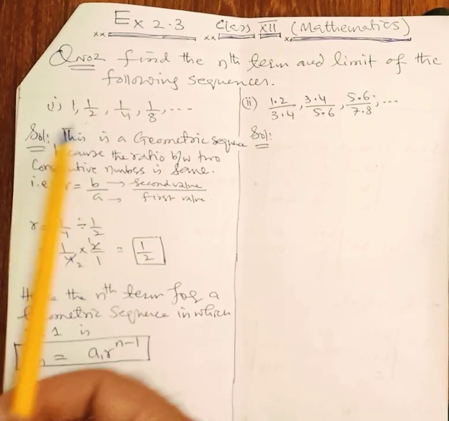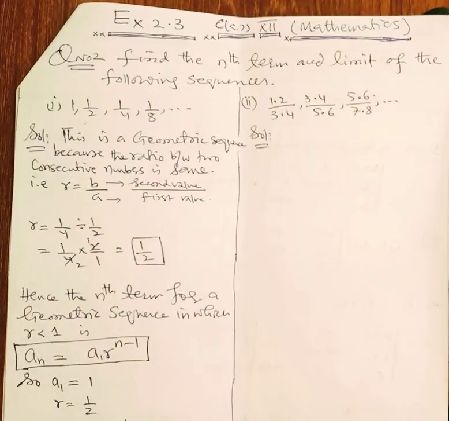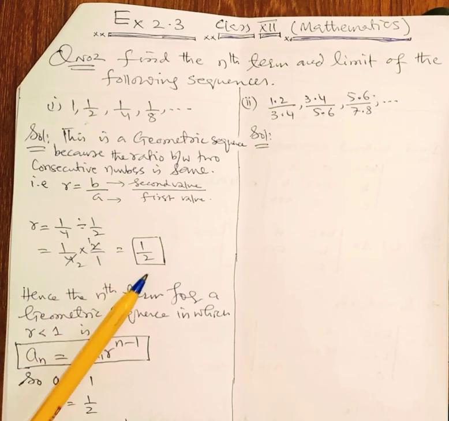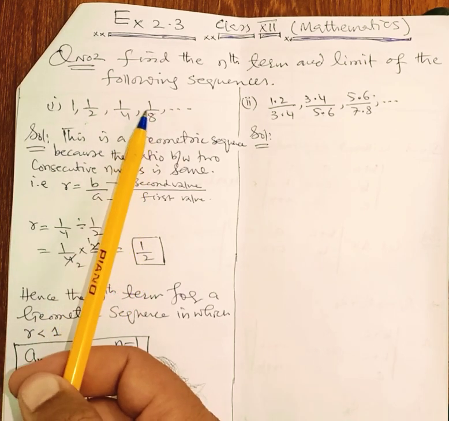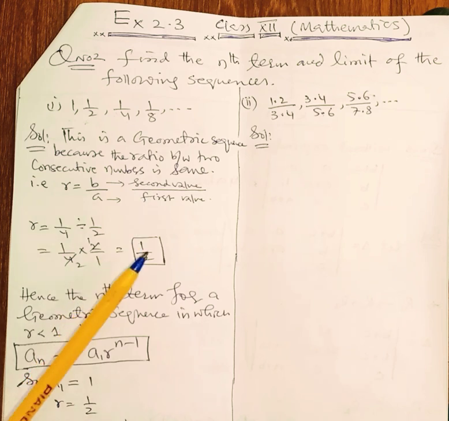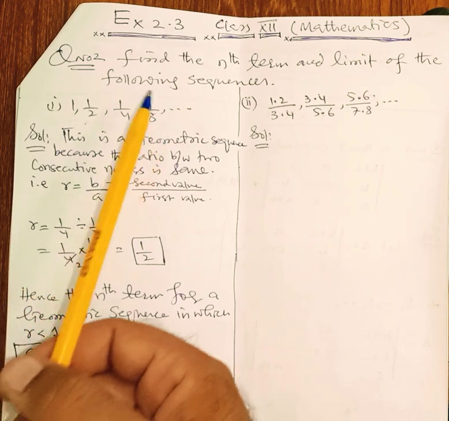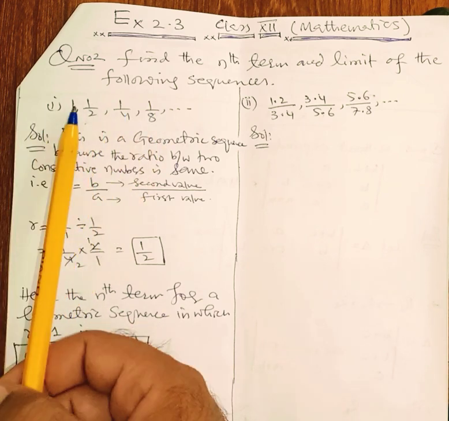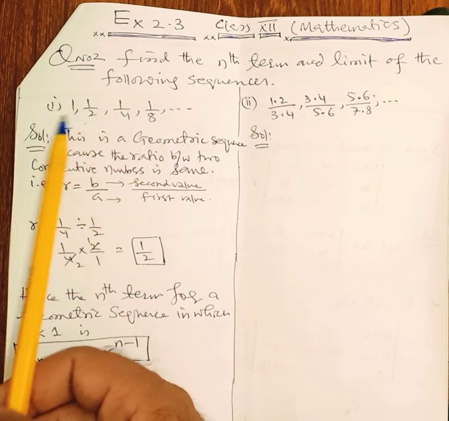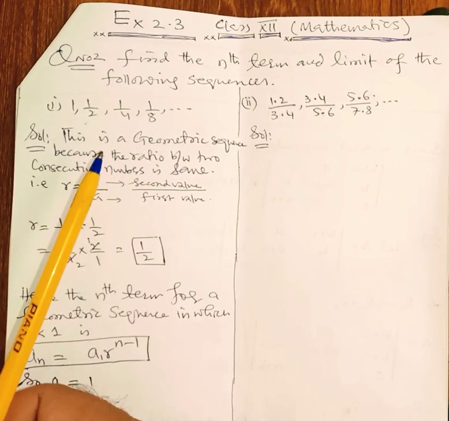If we divide 1 over 4 by 1 over 2, we get 1 by 2. If we divide 1 over 8 by 1 over 4, again we get 1 over 2. So we have the common ratio 1 over 2, and since the ratio is common between all consecutive terms, it is a geometric sequence.